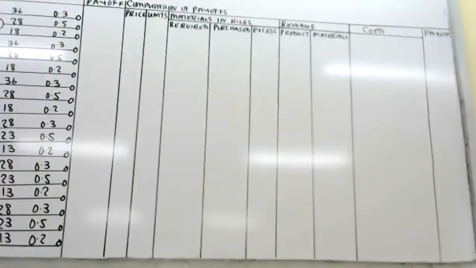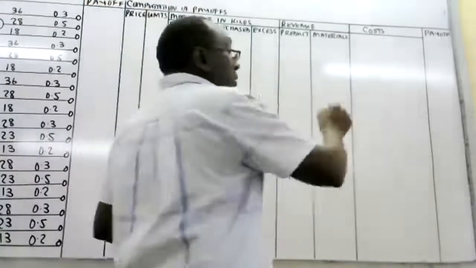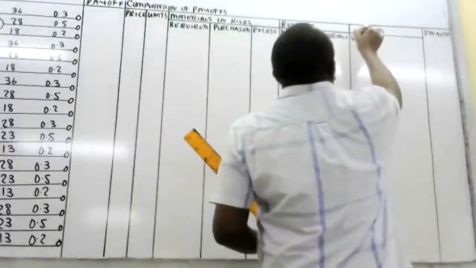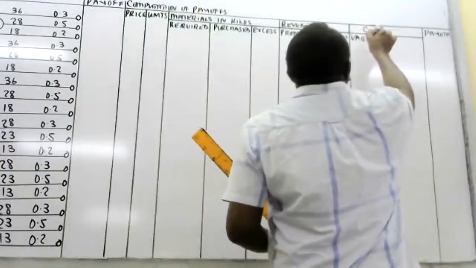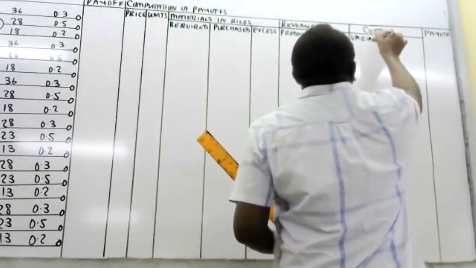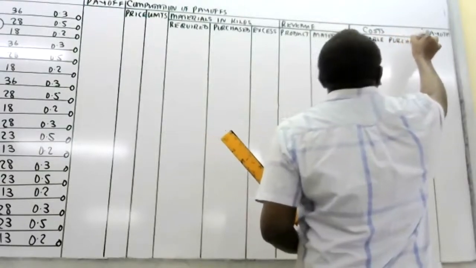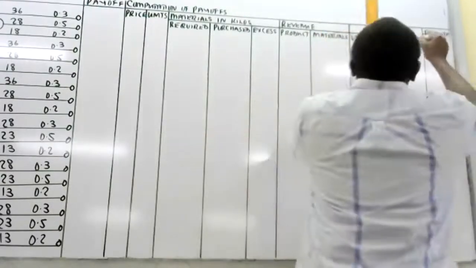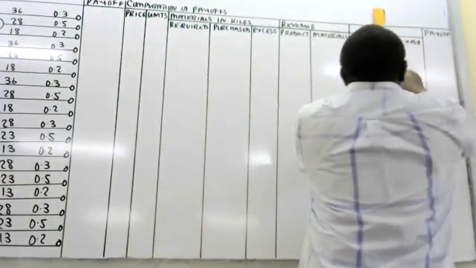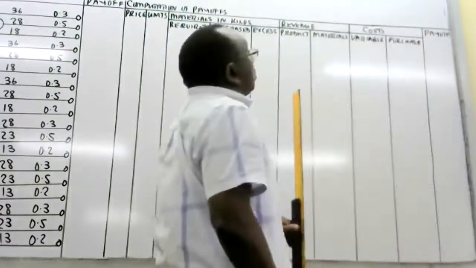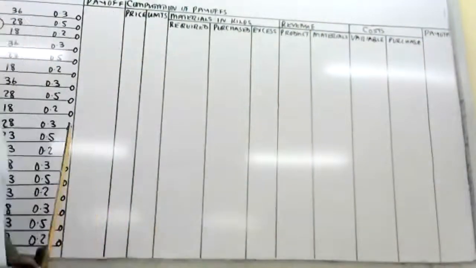So they are just two. The fixed cost is already catered for here.